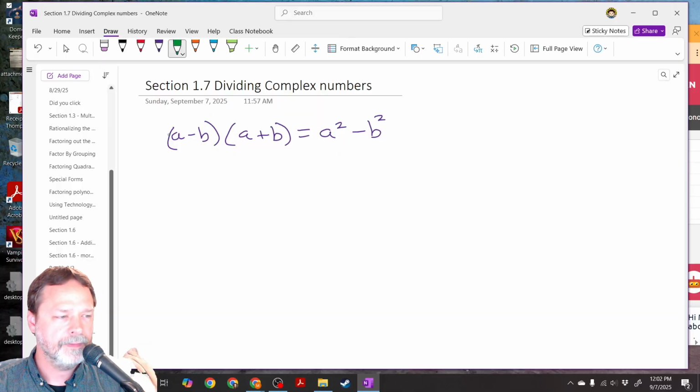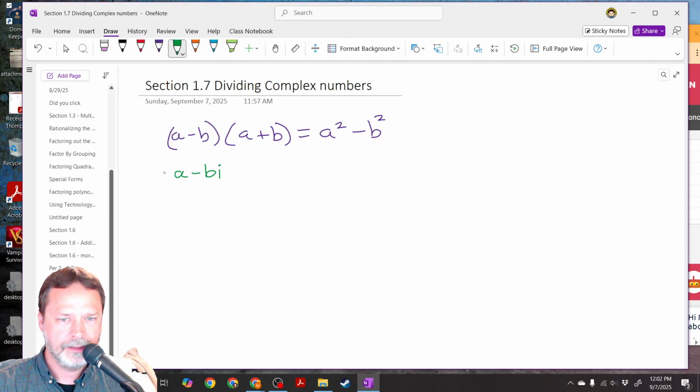And some of you might be thinking, oh yeah, because instead of A minus B, A plus B, what if it wasn't that? What if it was like a complex number? What if it was A minus BI times A plus BI? What if we multiplied those?